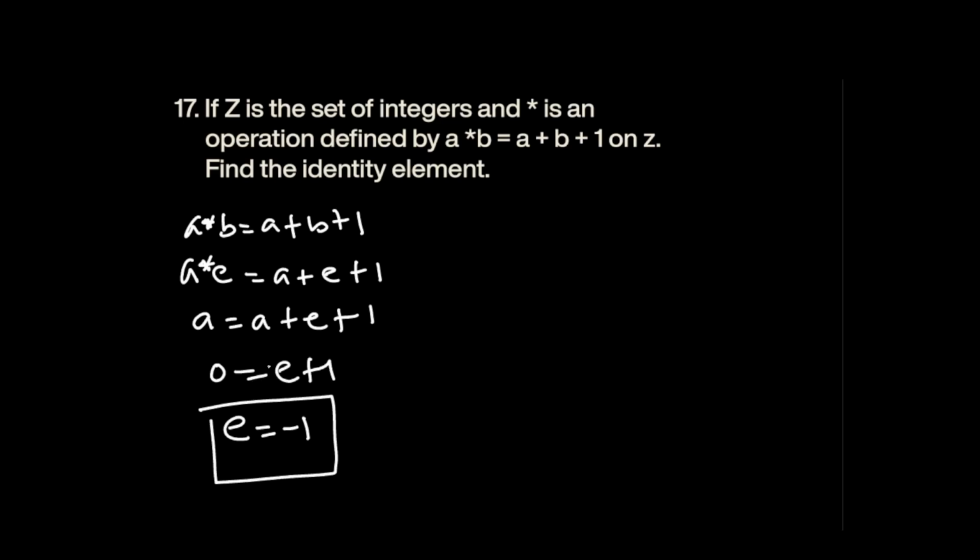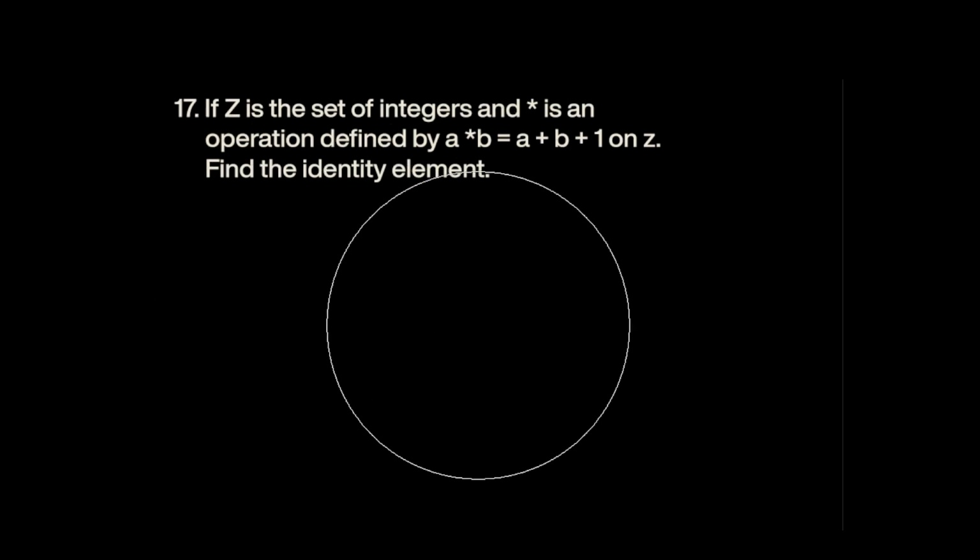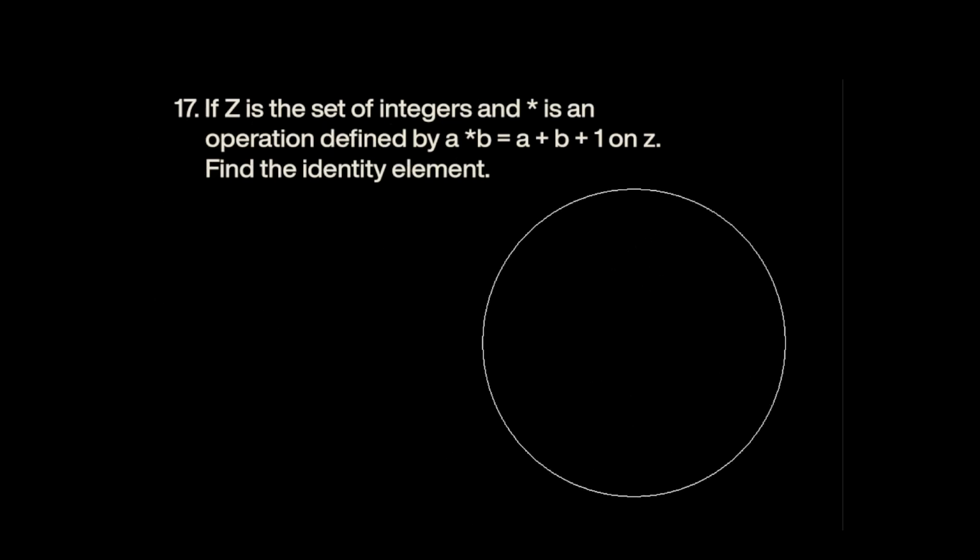So that should be the case now. I believe you all understand the concept of identity now. So let's move on to the concept of inverse. When you talk about inverse, that is another interesting aspect of the properties of an operation. Now, what's an inverse?